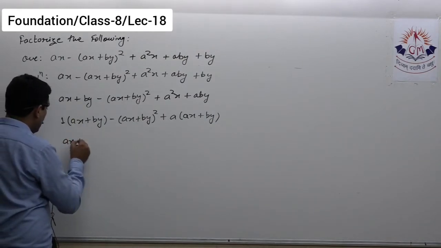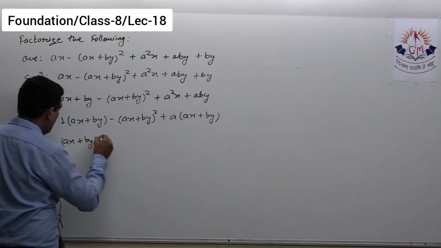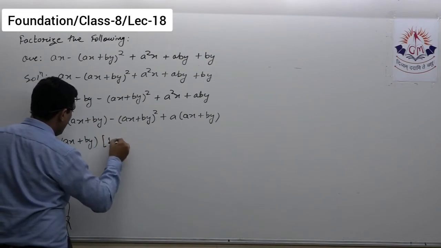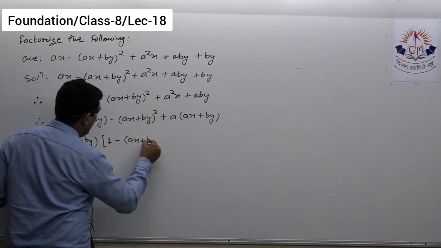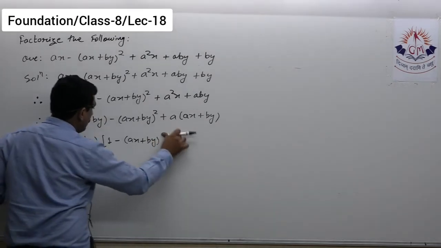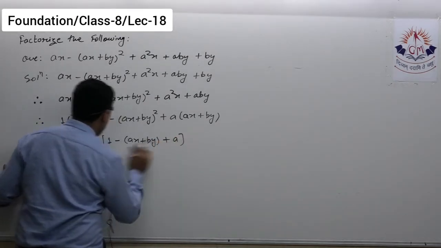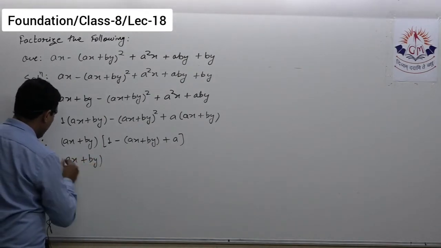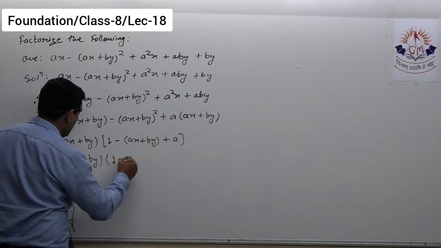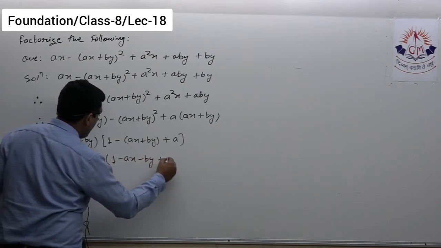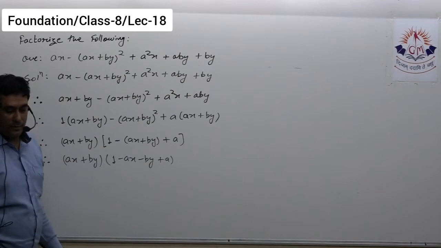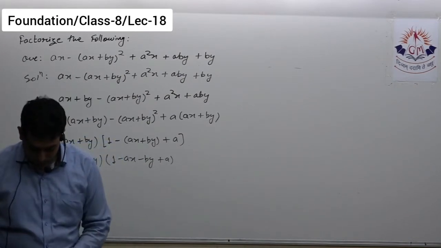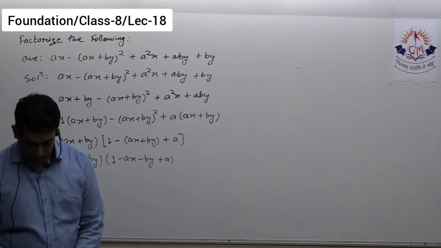After taking ax plus by common, here I am left with 1 minus (ax plus by), plus a. Now I have to open the bracket, so ax plus by, and over here 1 minus ax minus by plus a. So these are the final factors of the given expression. Please note it down, then we will see the next question.